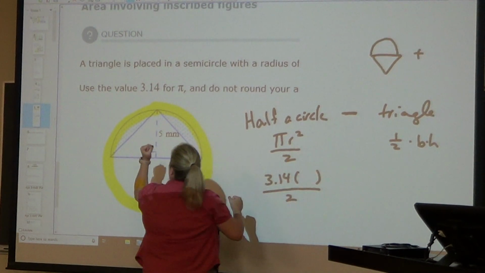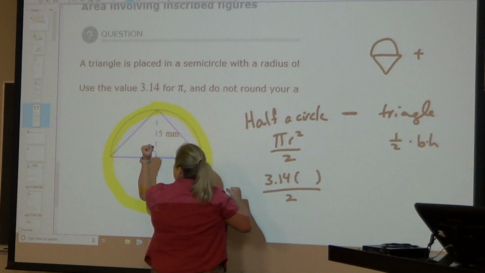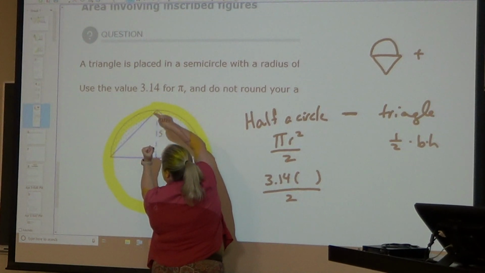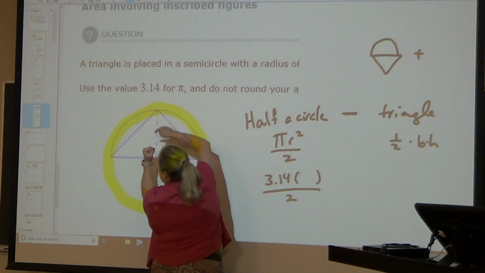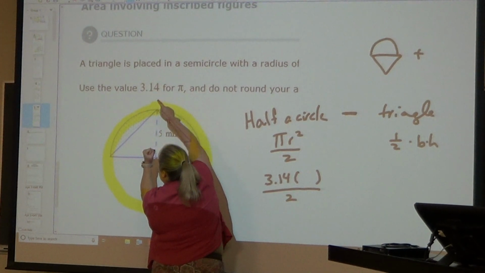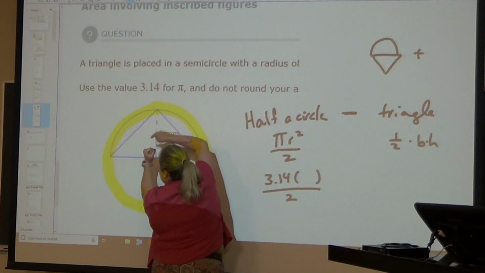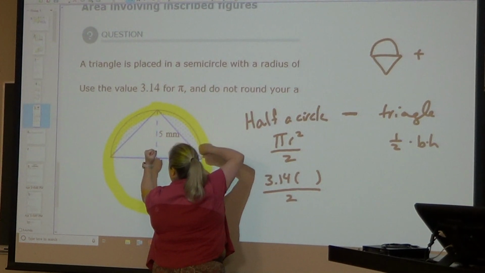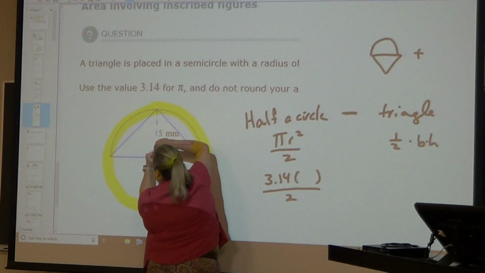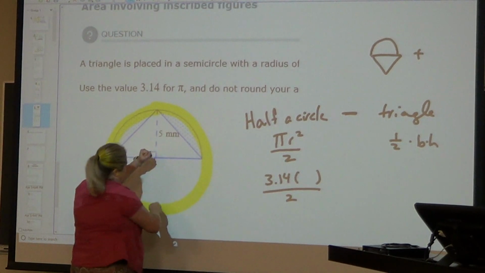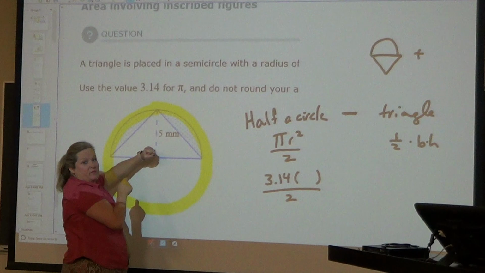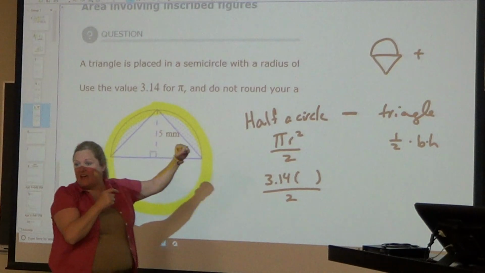If this is a wheel, your radius is like the spoke of a wheel. 5 is your radius. Your radius goes halfway through the wheel. So do you agree this would be 5? And this would be 5? And if I drew something down here, it would be 5? And this would be 5, and this would be 5? Those are all my radiuses, or radii.